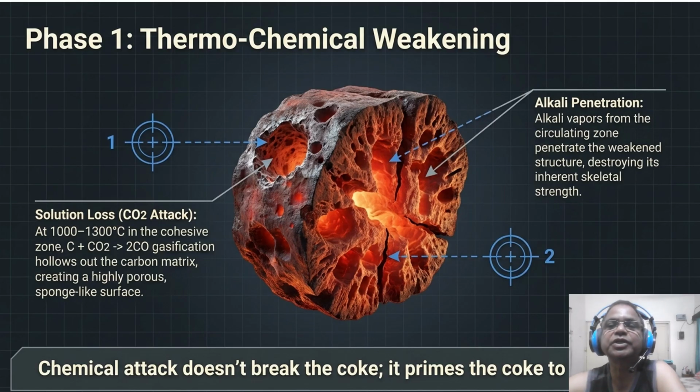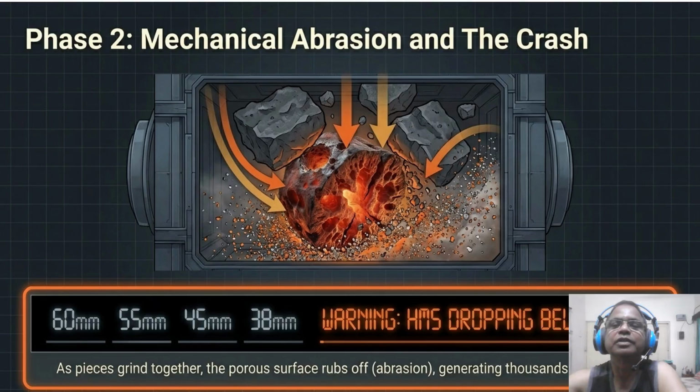And that physical pressure comes in phase 2, leading to the final crash of your permeability. Now phase 2, the crash: once the coke is chemically weakened, mechanical abrasion finishes the job.